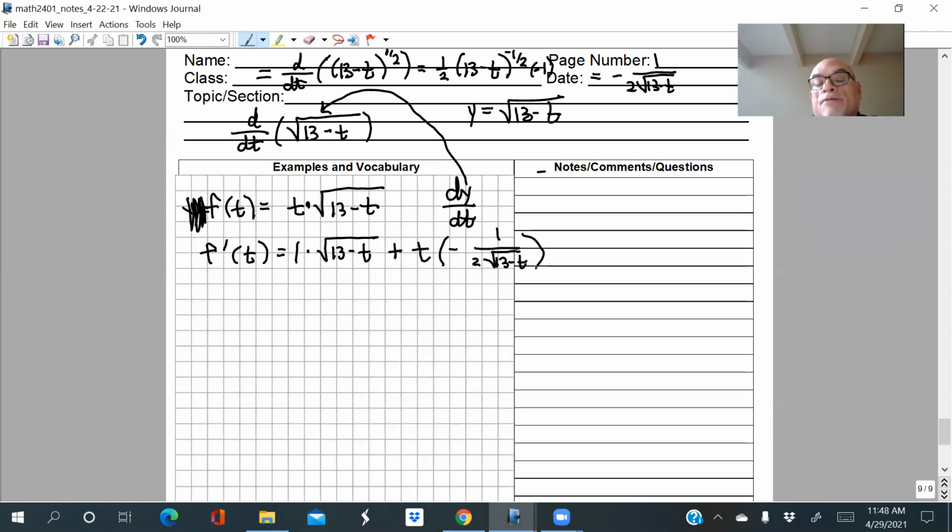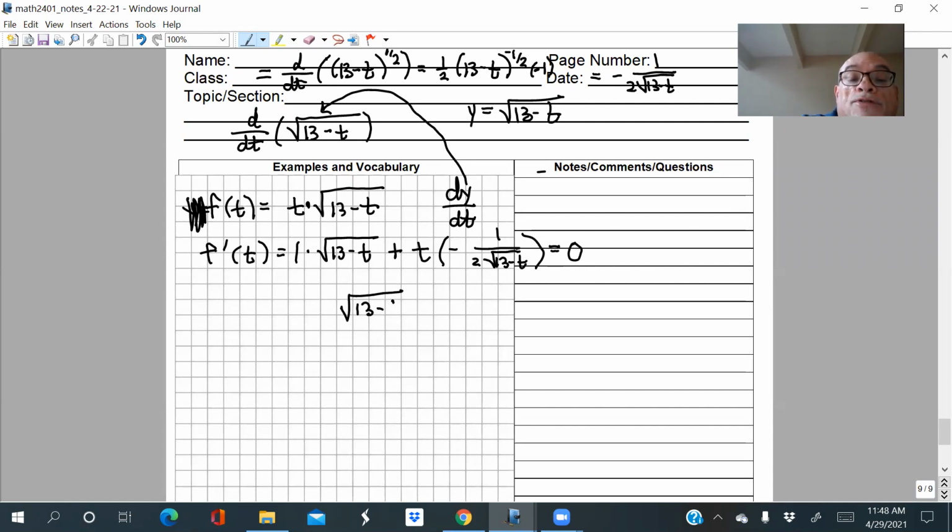Wow, so see, that was already a lot of work there, right? And we haven't even really got into the problem, because remember, what we're trying to do is find the critical numbers. And so we find those by setting this to 0. So we end up with an equation that we have to solve.